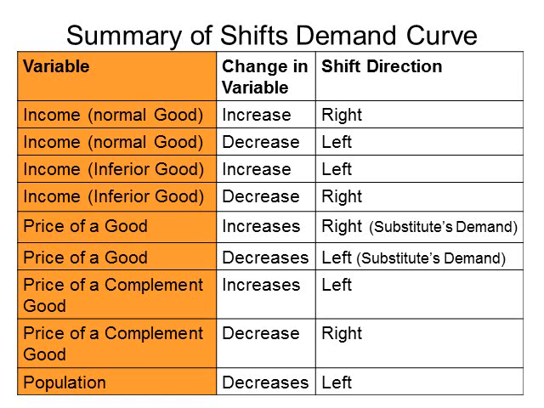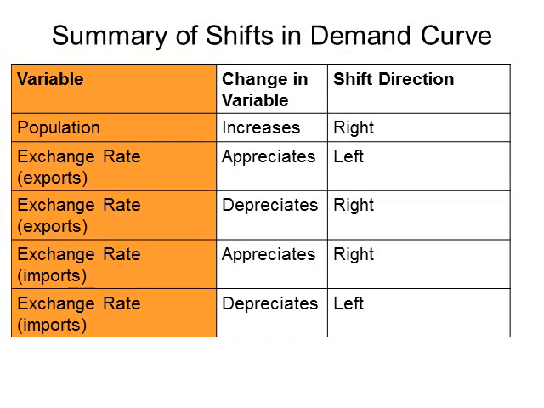Then prices of substitutes, prices of complement goods, increases or decreases in population, and finally the exchange rate. The exchange rate is how much it costs to buy a foreign currency. The word appreciate means that one currency is able to purchase more of another currency. The word depreciate means that one currency is able to purchase a lesser amount of another currency.